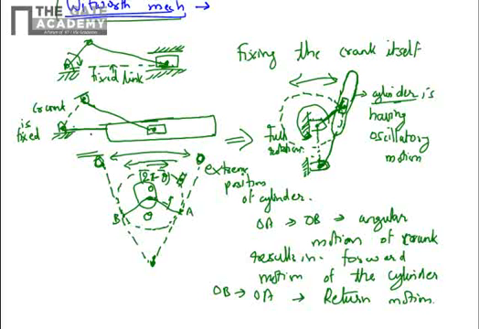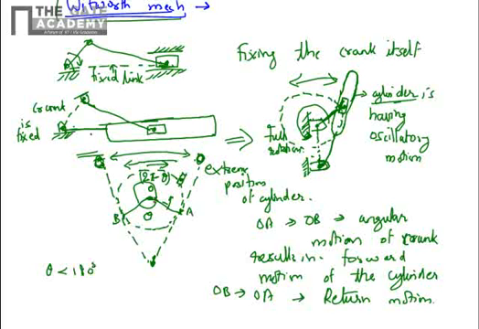So if you come back to it, from OA to OB it will go to forward position, and from this angle OB to OA it will come back in return. So as you can see from this figure that theta is less than 180 degrees.